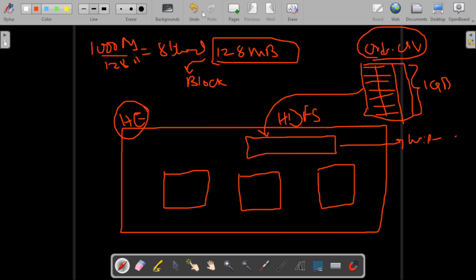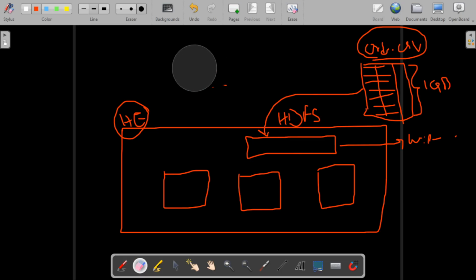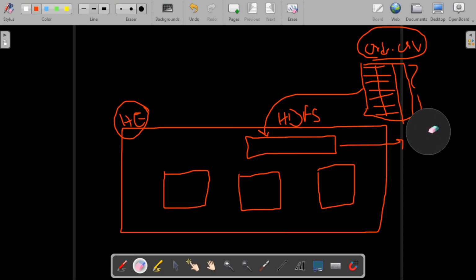Okay, so now, instead of 1 GB, for our understanding, let me reduce that file. I will also tell you what happens if the size is more. Let's make this around a 350 MB file, just for our understanding.